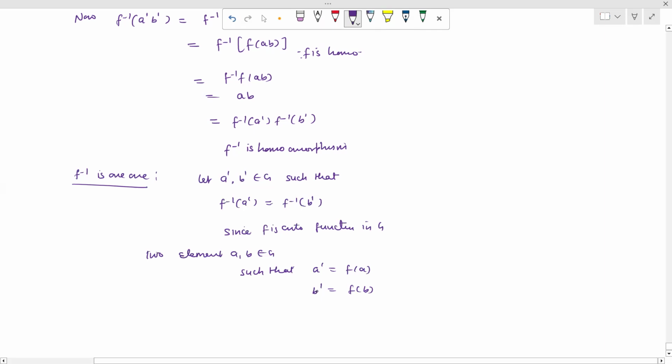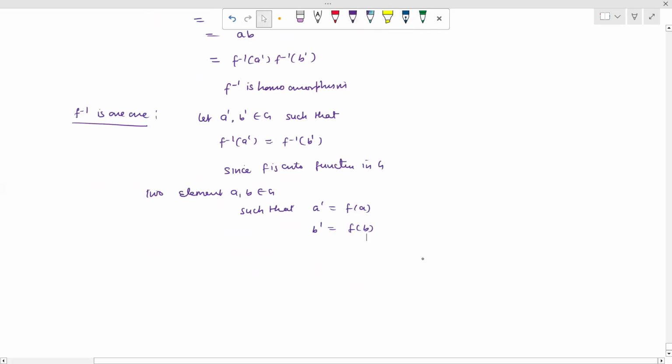So now we shall prove that F inverse is 1-1. This can be written as A equal to F inverse of A dash, which implies that B is equal to F inverse of B dash.